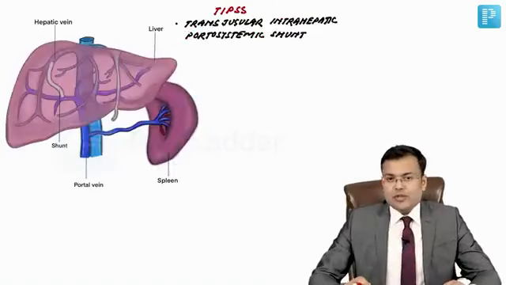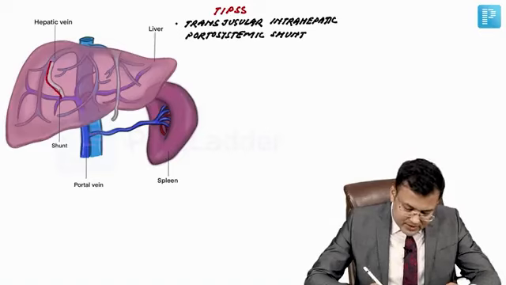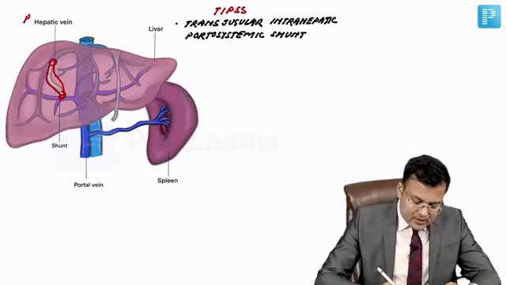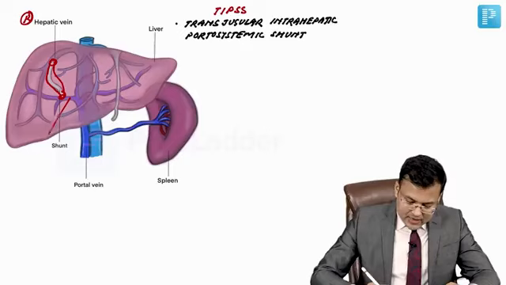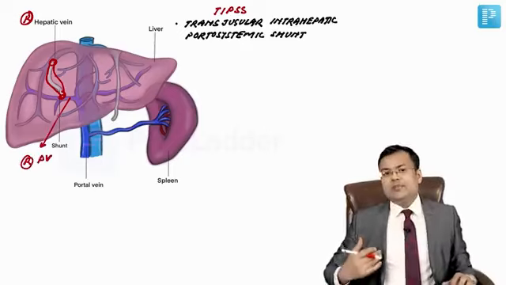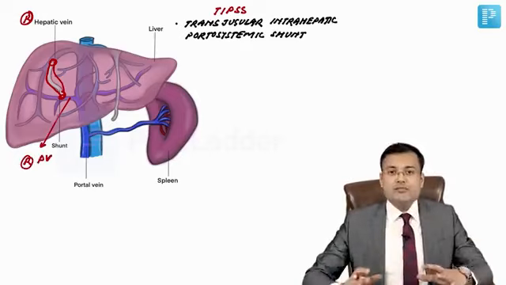Now in this diagram, you can see there is placement of a stent. This is the stent, and there is placement of stent between which structures? This is the right hepatic vein, and here you can see this is the right branch of portal vein. So here there is placement of stent between right hepatic vein and right branch of portal vein.